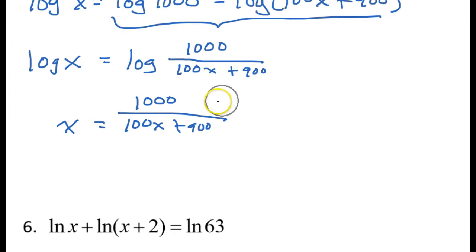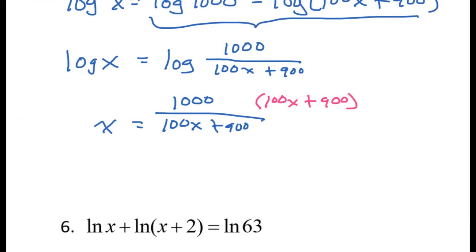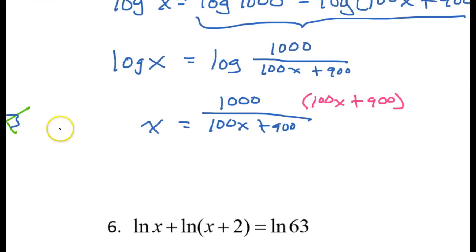So now it's just a matter of solving this. We could multiply both sides by the denominator. So I'm going to multiply both sides of the equation by 100x plus 900. So over here I'm going to have to do the distributive property.